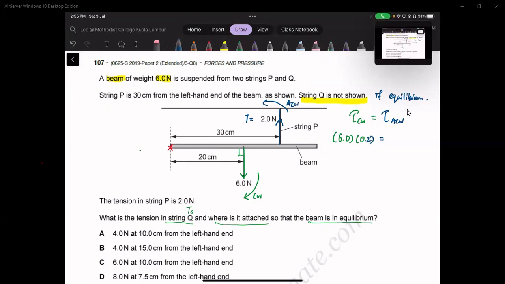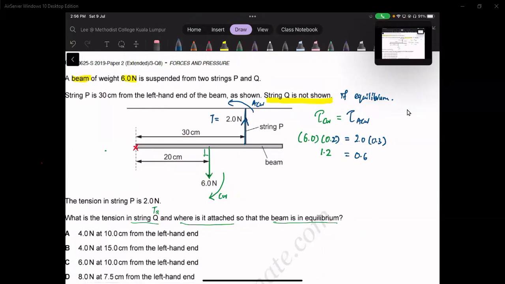And anti-clockwise here is 2 Newton, 2.0, multiplied by 0.3. So on this side, I have 1.2. And on the other side, I will have 0.6. Looks like anti-clockwise is not enough, right?